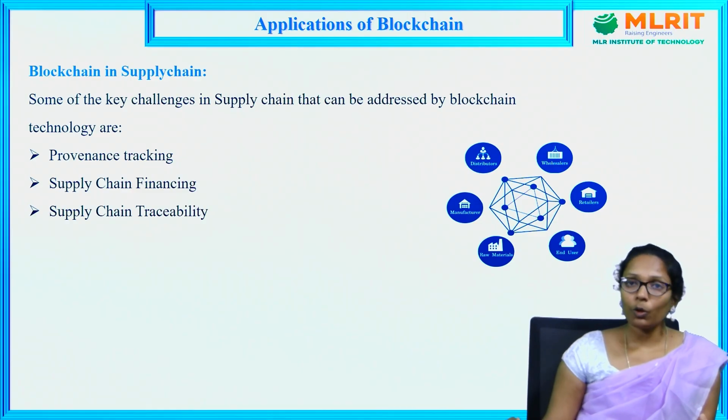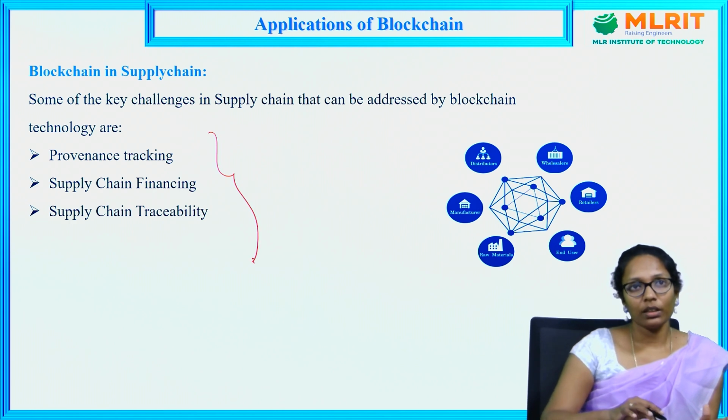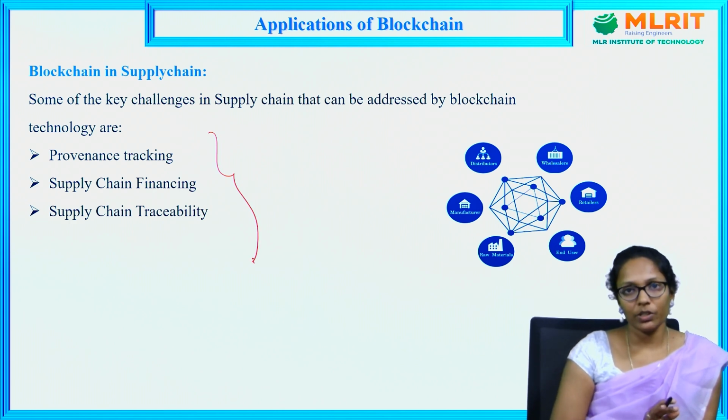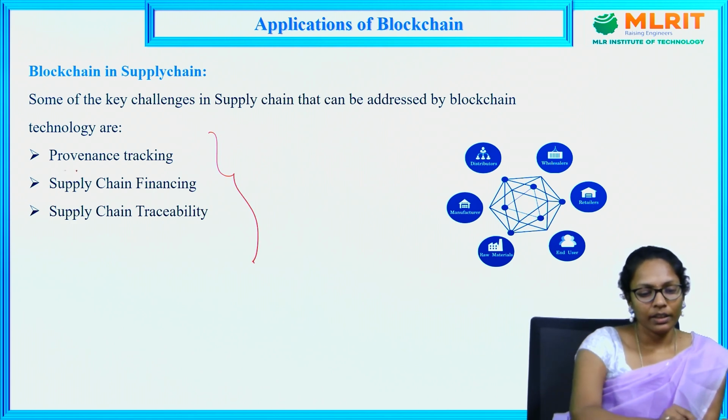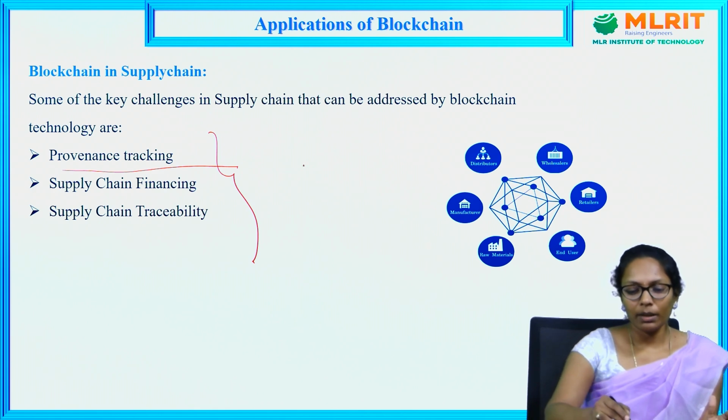And next is blockchain and supply chain. These are the different uses when we use blockchain in the supply chain system. So, provenance tracking. At any stage of the goods, for example, supply chain in the sense it may be any type of good. For example, I'm taking a medicine here.